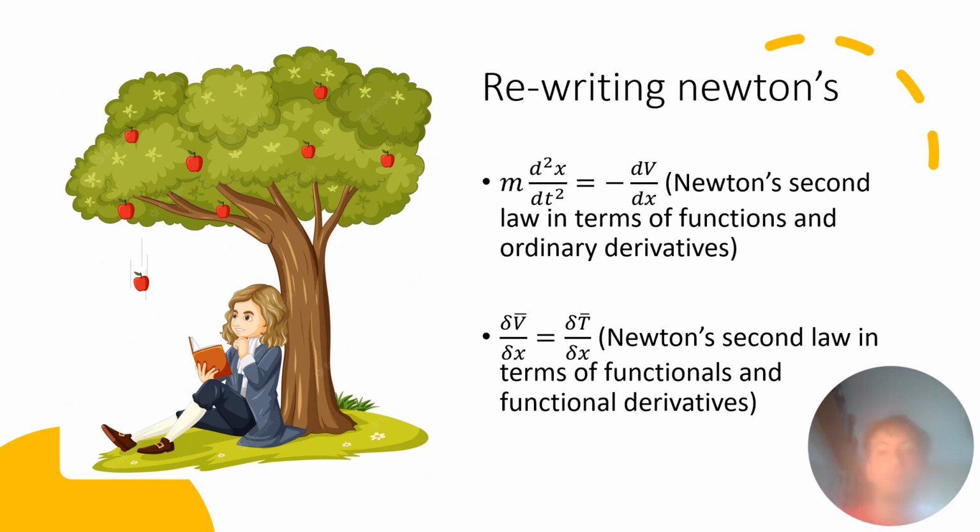But the two equations are equivalent, and what we've done here is we've turned a description of Newton's law from something that involves functions and ordinary derivatives into something that involves functionals and functional derivatives.